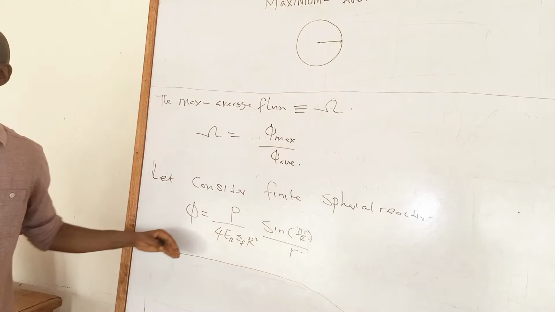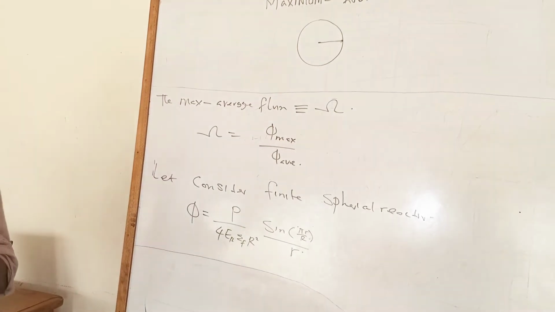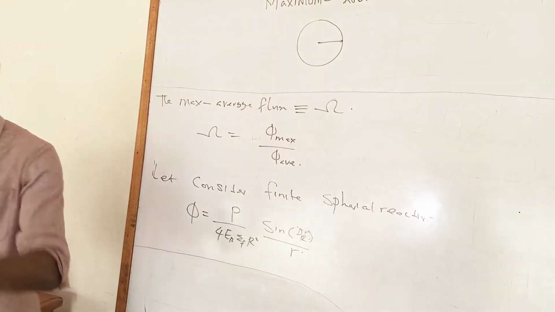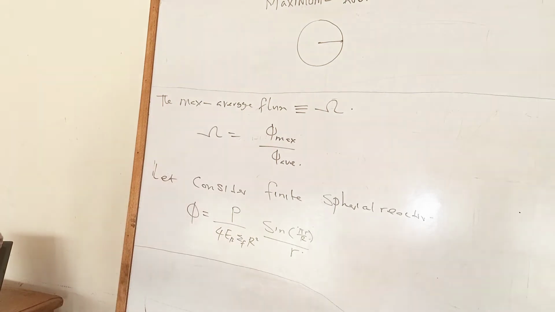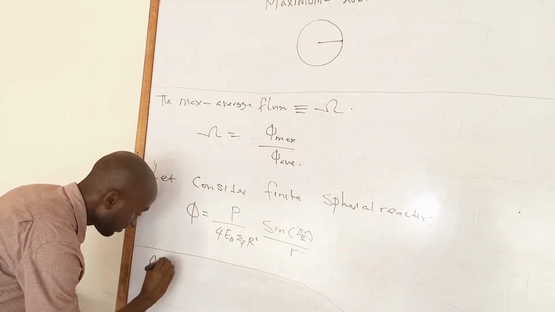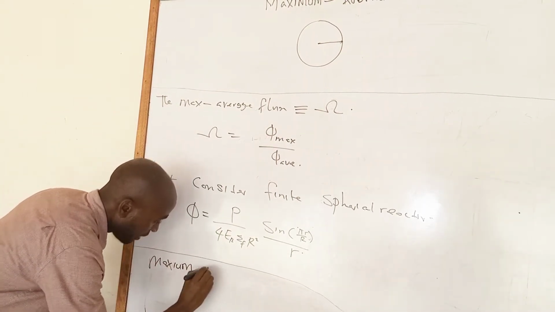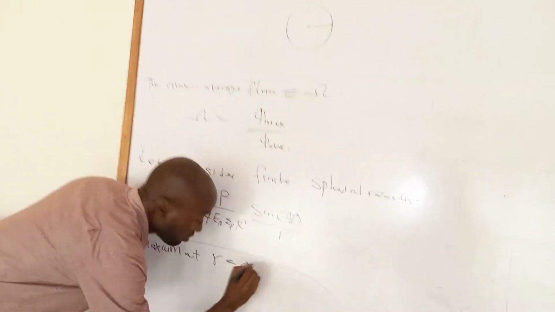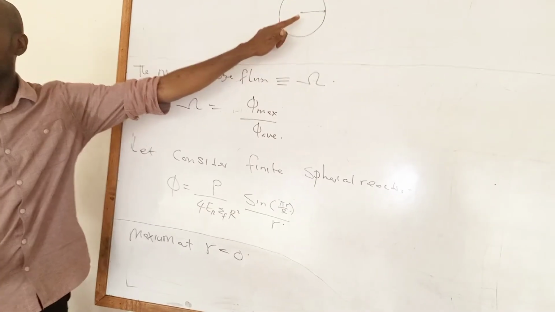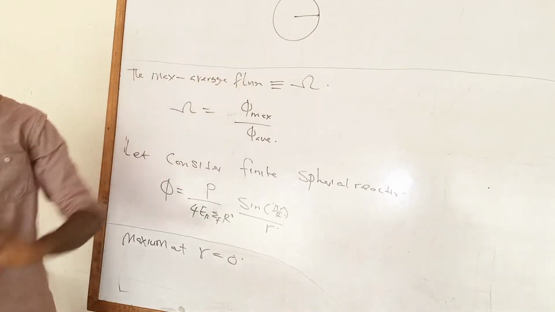For us to get the maximum flux, we know the maximum flux will occur at the center. That means the maximum will occur at r equal 0.